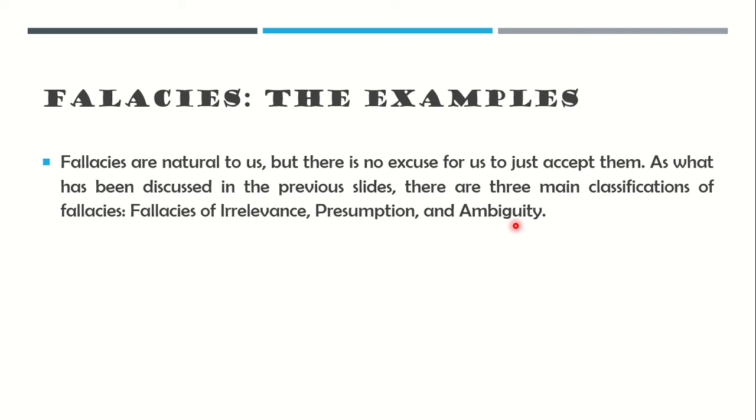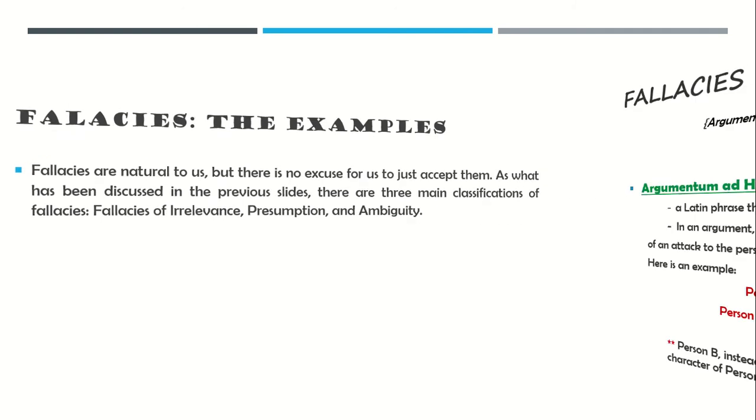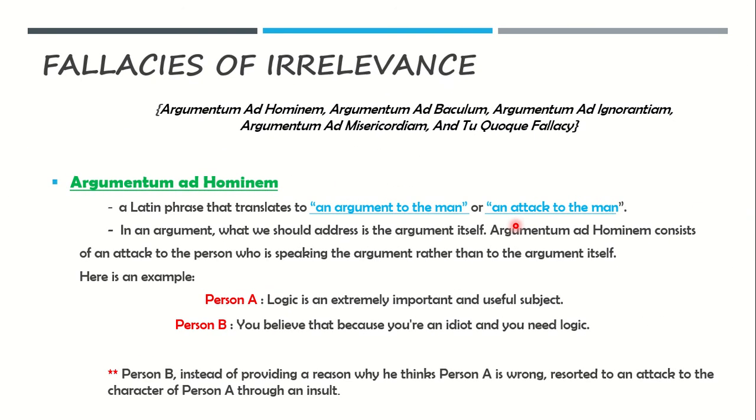Alright, so let us proceed to the examples on each of these fallacies. The first one that we're going to talk about is the fallacies of irrelevance. So we have 5 different types of fallacies of irrelevance: ad hominem, ad baculum, ad ignorantiam, ad misericordiam, and the tu quoque fallacy.